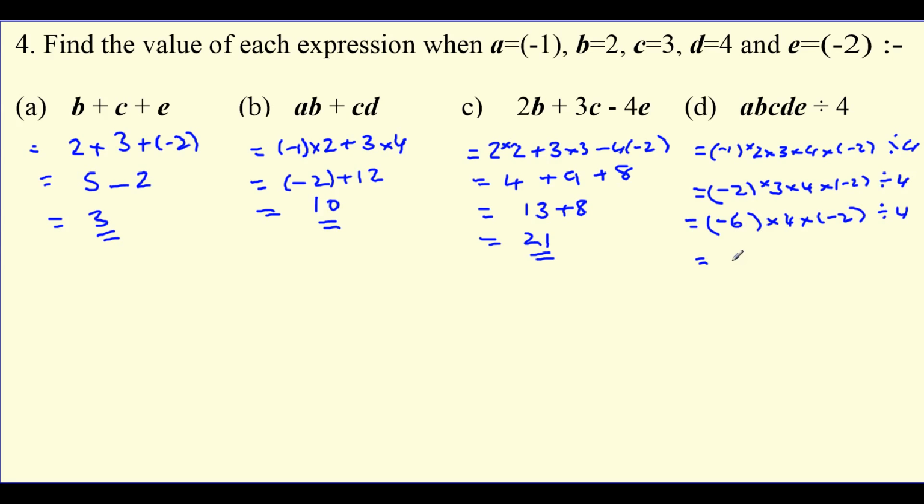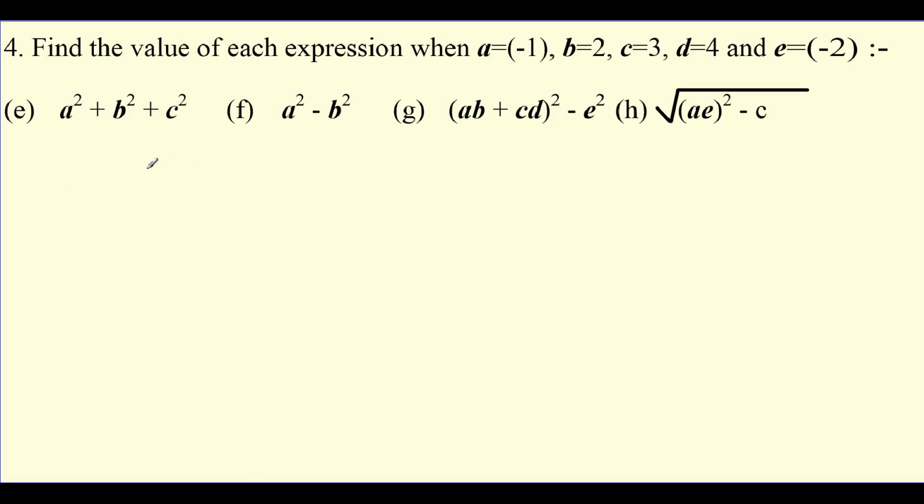Negative 6 times 4 then is negative 24. Negative 2 times negative 24, the two negatives cancel out and make a plus. 24 times 2 gives you 48, and we're going to divide that by 4, which will give us the answer 12.